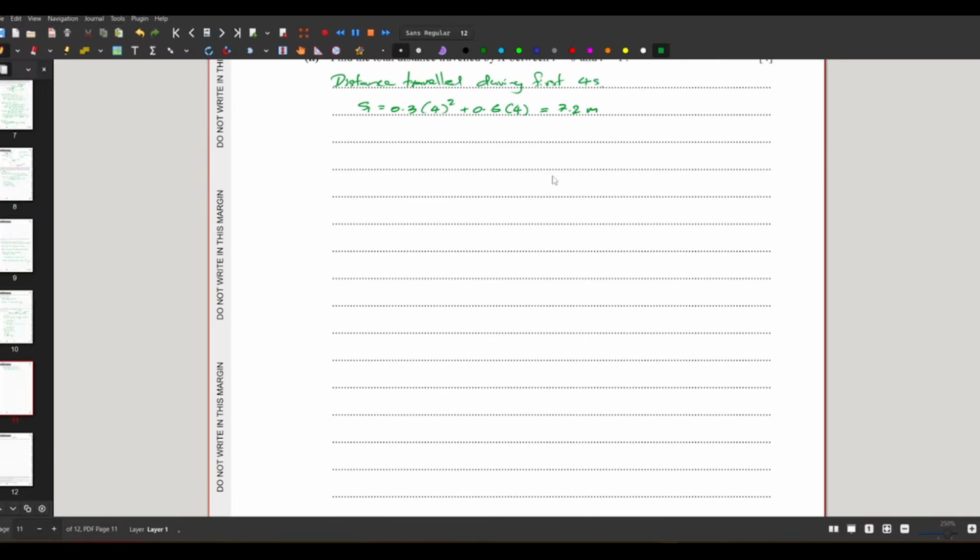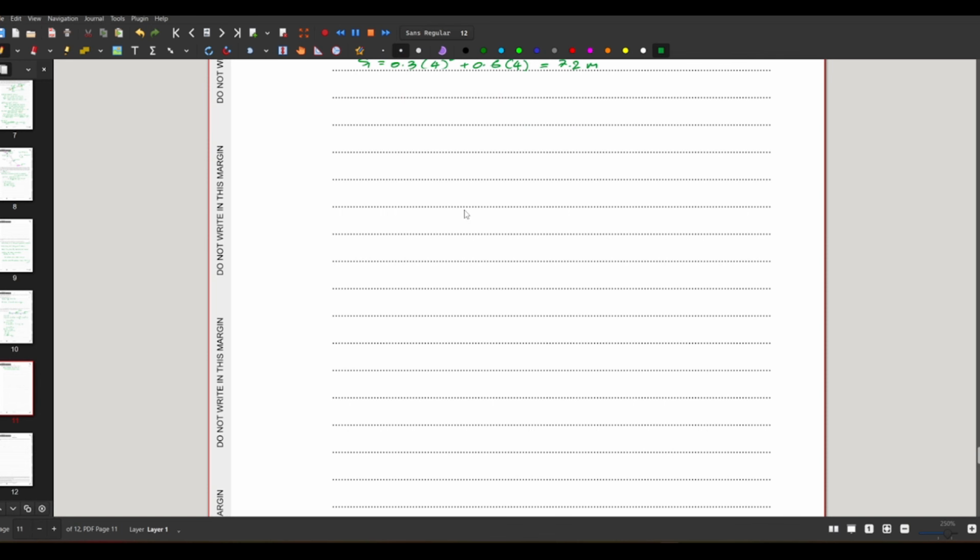So I can write the distance traveled after 4 seconds equals the integration dt. In this case, we consider time 4 to 16.